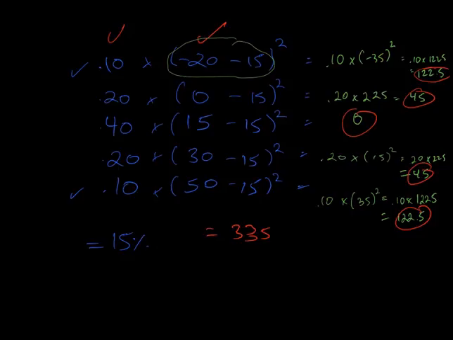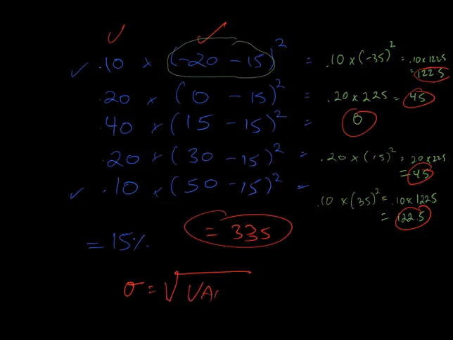Now, what have you just found right there? What you found is basically the variance. You can go back and look at the other slides, but this is the variance. But remember, we're looking for sigma, which is standard deviation, and that is the square root of the variance. So, what do you got to do? Just square root this guy.